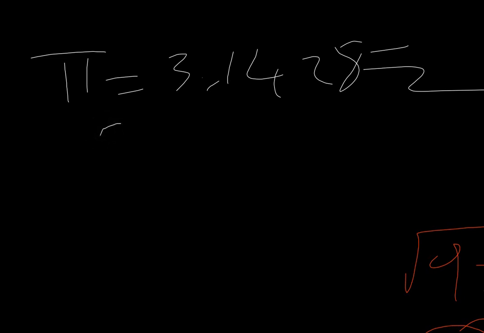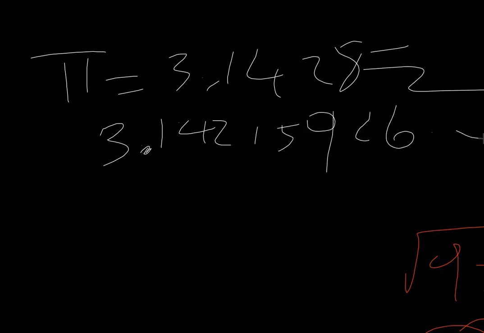Let me see. 3.142015926, and it continues. So it is not stopping. There's no termination to it. There's no end. And so we refer to these as irrational numbers.